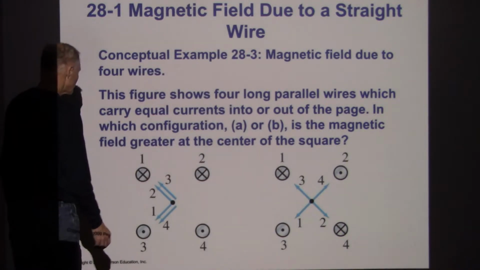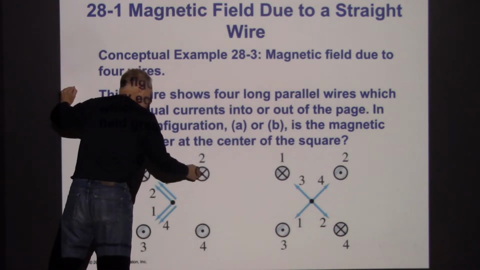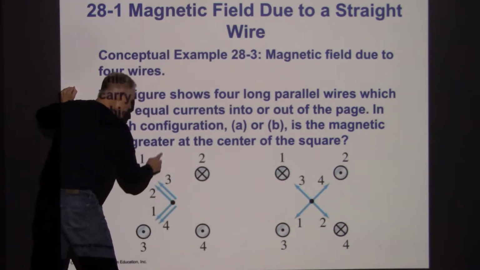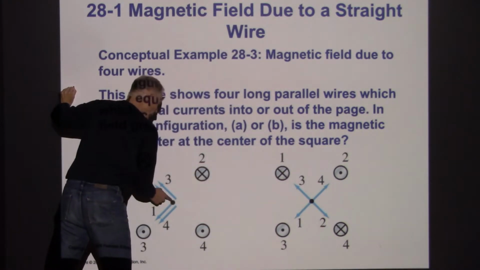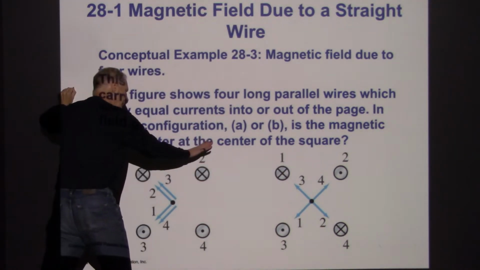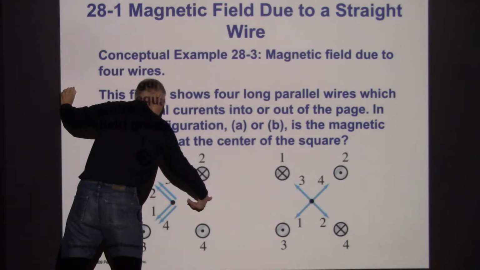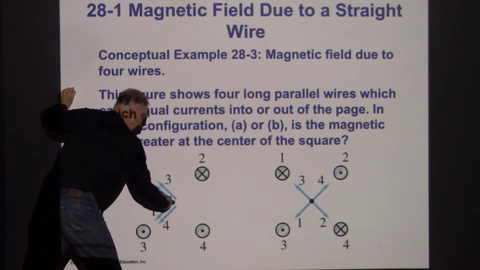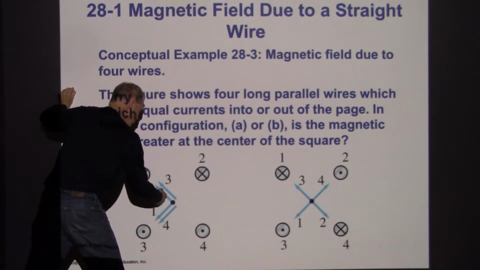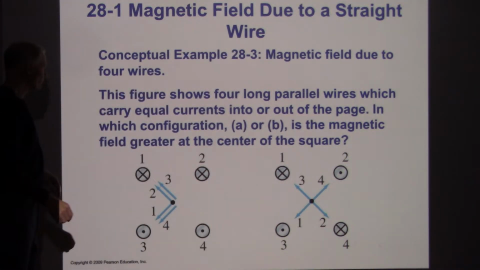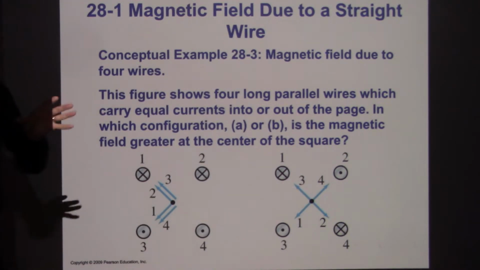What about 2? Well, source 2 is also going into the page, so I'm going to draw a circle around source 2. Now, I'm going to put my thumb into the direction. These are right-handed loops, and that says at this point, the tangent line is pointing here.